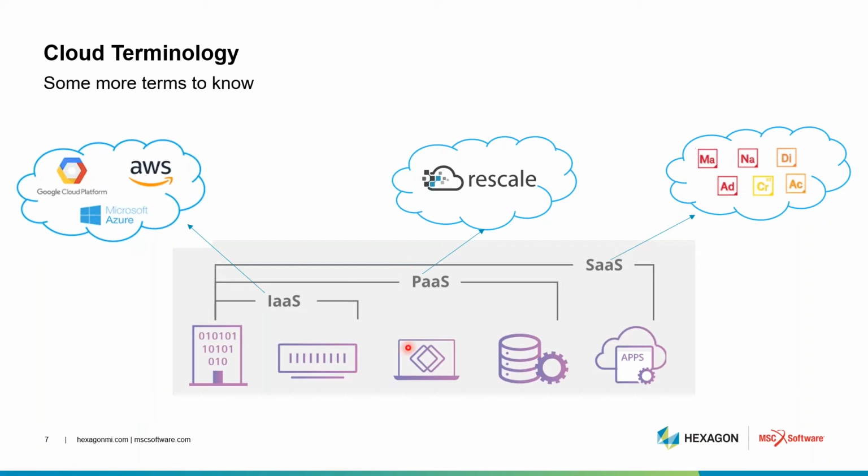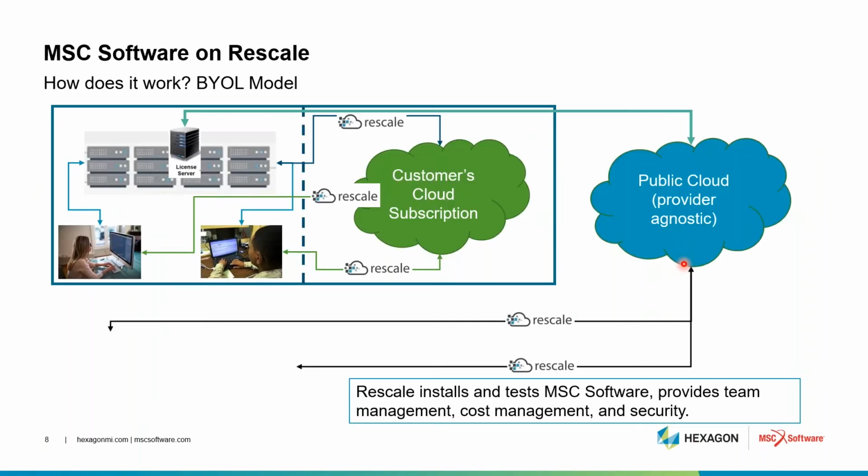For platform as a service, we tightly integrate with Rescale as our partner. There are several other solutions that we partner with, but our closest partnership is with Rescale. And for software as a service, we provide Marc, Nastran, Digimat, Adams, Cradle, and Actran. So these are the software currently provided from the Rescale platform itself.